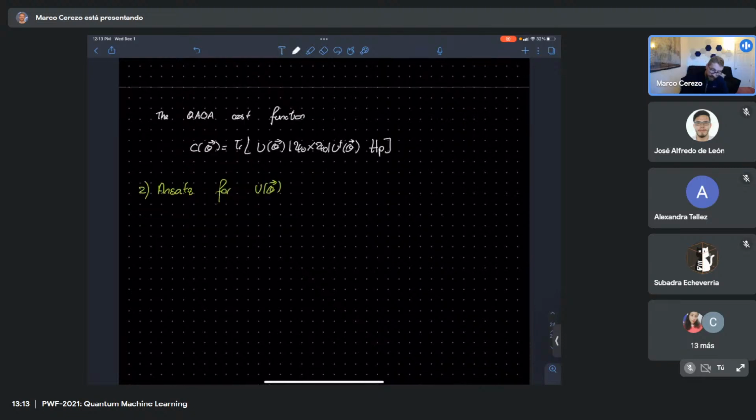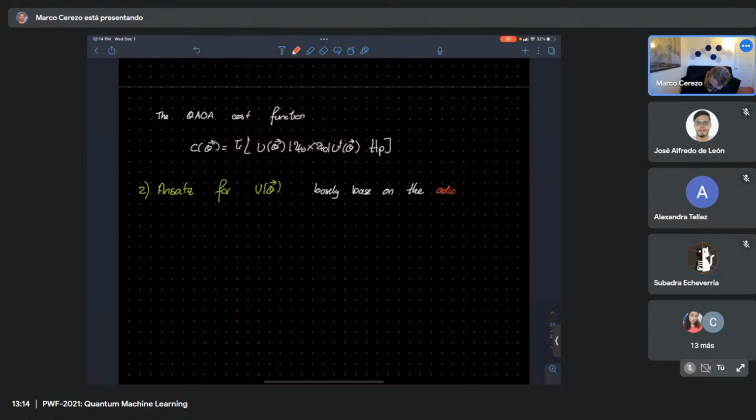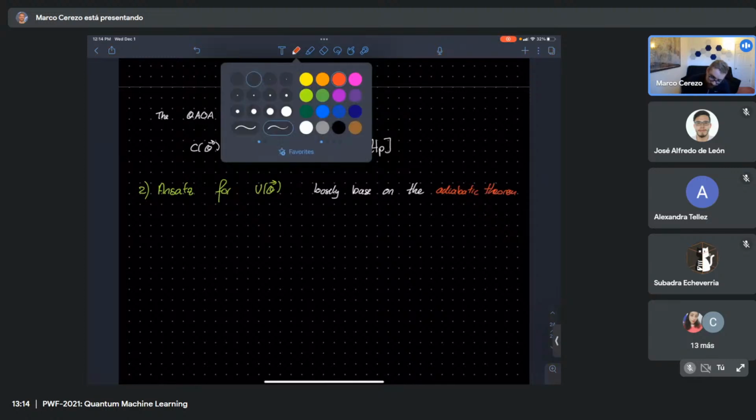And the main idea of the QAOA ansatz is that it's loosely based on the Adiabatic Theorem. So what's the Adiabatic Theorem?